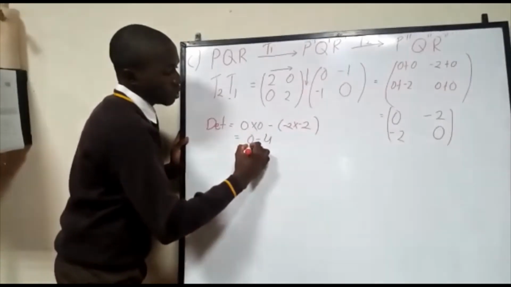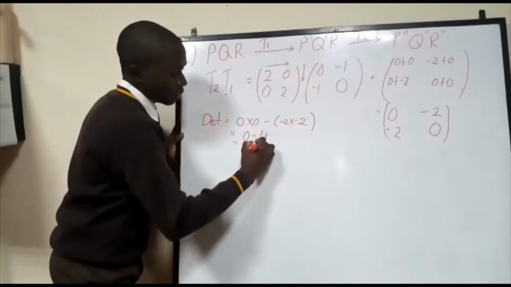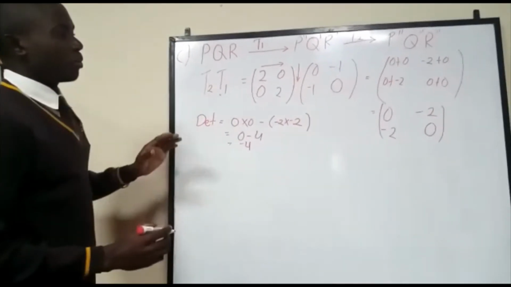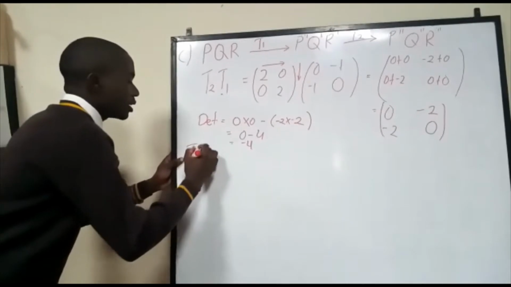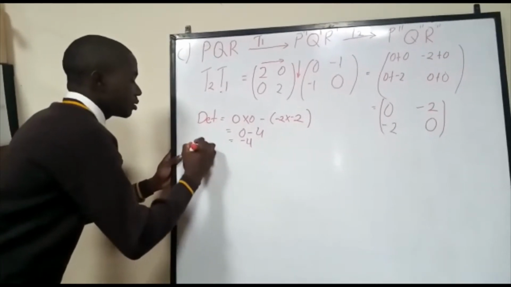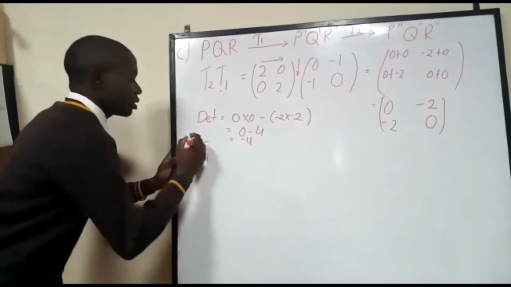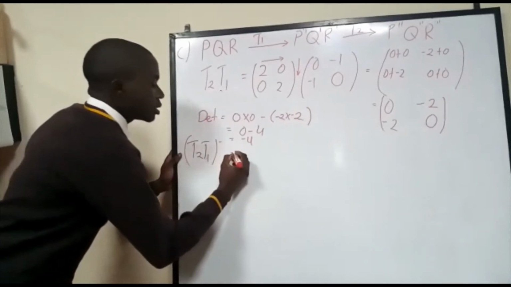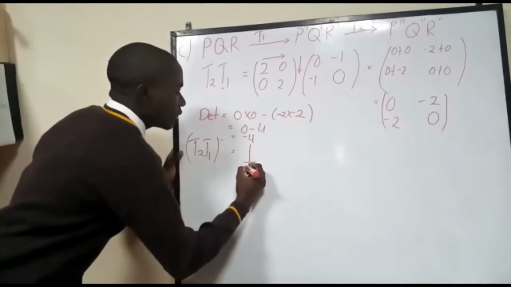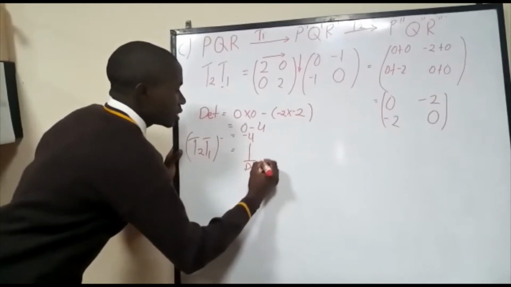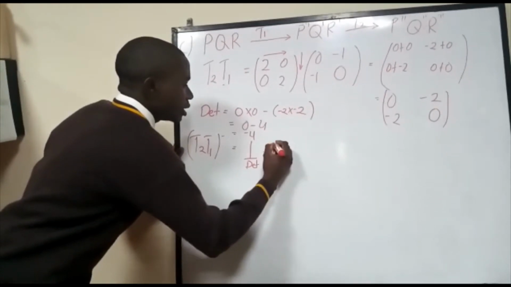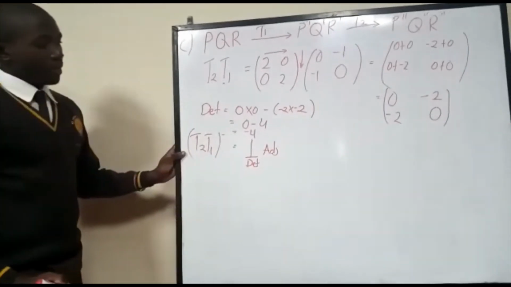And our determinant will be negative 4. Now, we said the inverse is equal to 1 over the determinant times the adjoint.